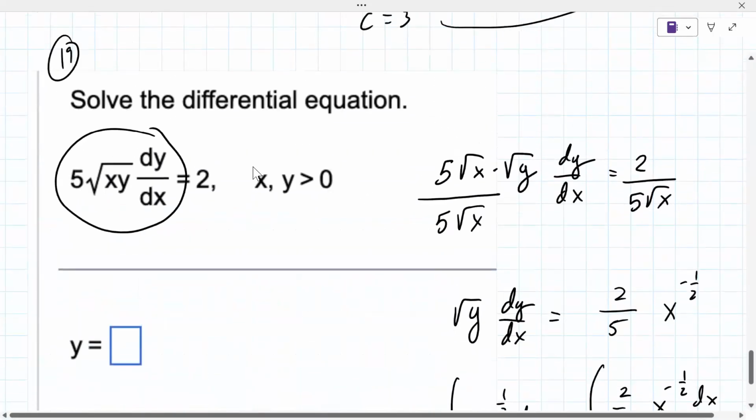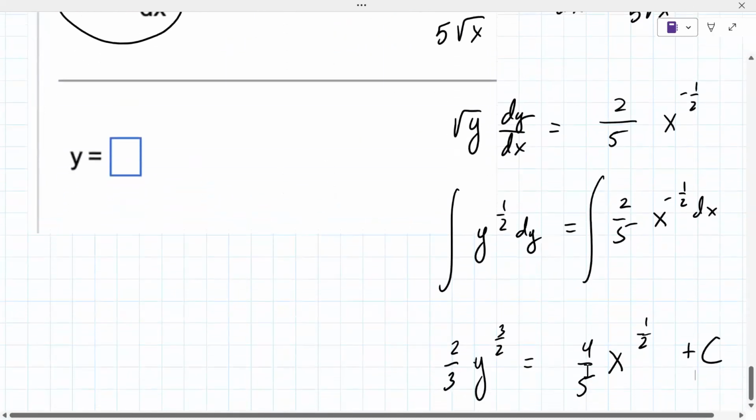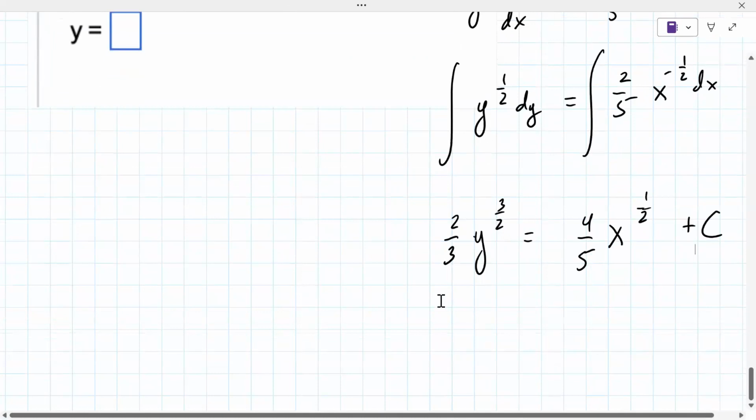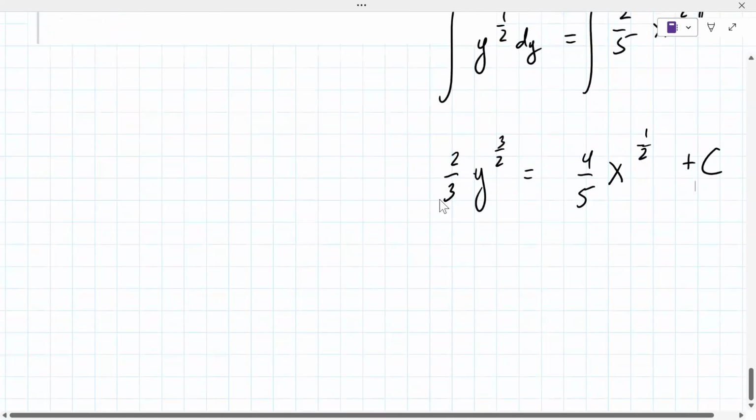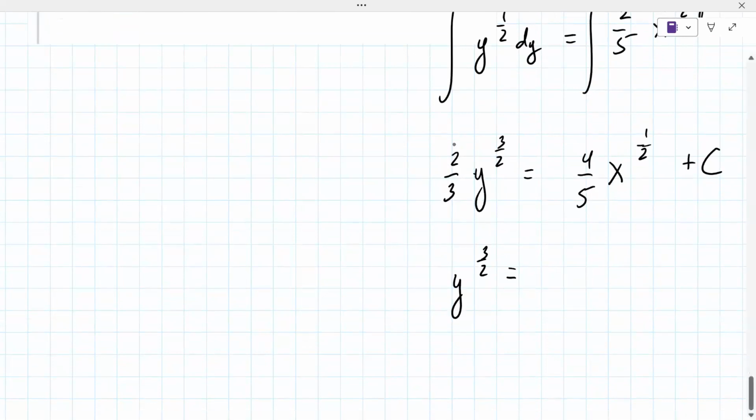They also do not give you an initial condition. So your answers will all have a plus c in it. So to solve for y, you multiply everything by 3/2. So you get y to the 3/2 equals 3/2 times 4/5 x to the 1/2 plus c.